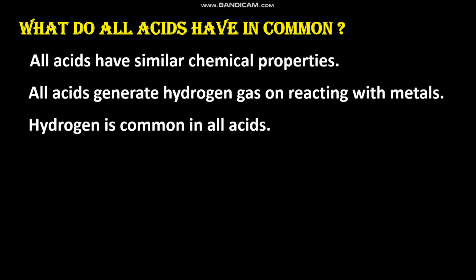And all acids generate hydrogen gas on reacting with metals. When an acid reacts with a metal, we get salt and hydrogen gas. That means hydrogen is common in all the acids.